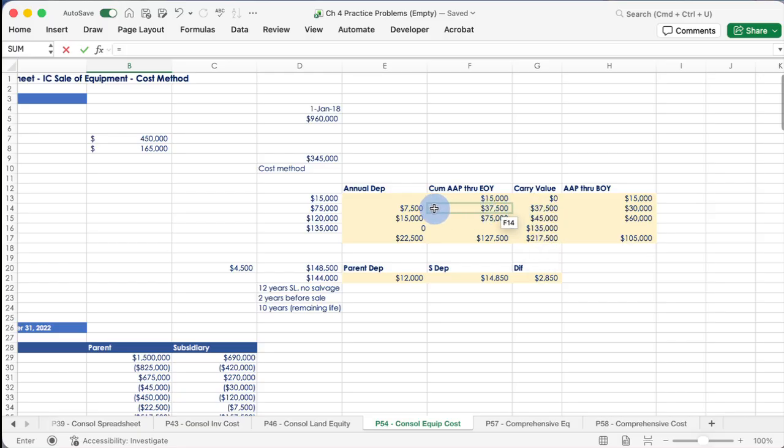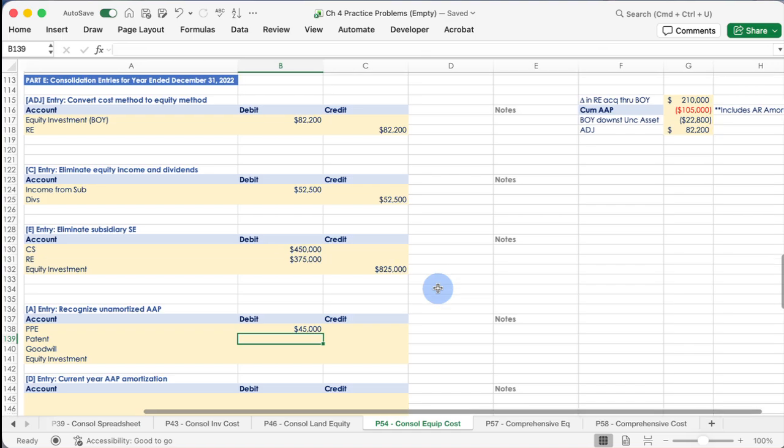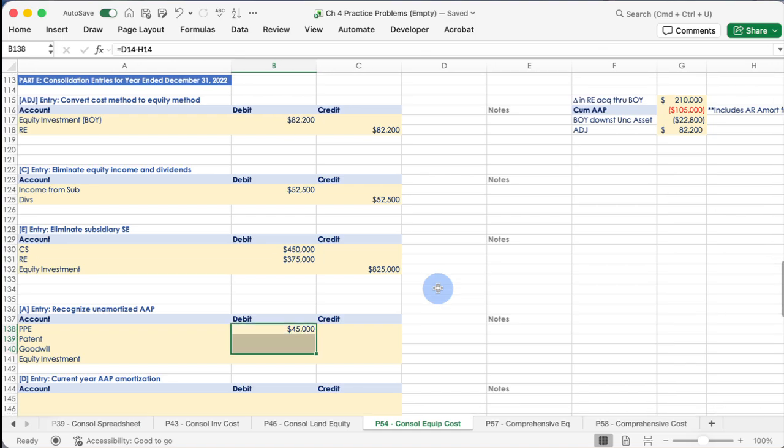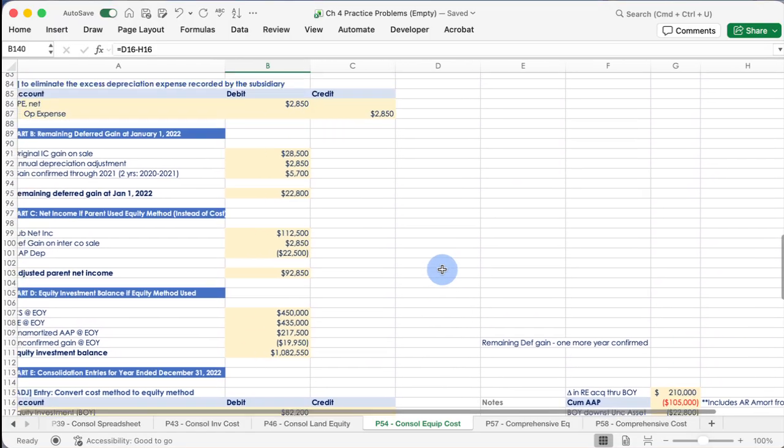And so we can just get to that by adding 1 year back to this. Or if you wanted to, since we did the AAP through beginning of year, you could take the original cost minus the AAP through beginning of year. And we get 45,000, and then we can pull that down. And I just want to go double check the 135.